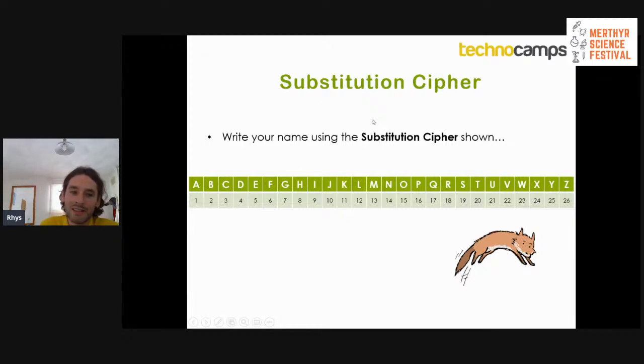Okay, so taking this substitution cipher that we used at the start, can you please write your name into the chat? So if I were doing mine, for example, I'd find R is 18.